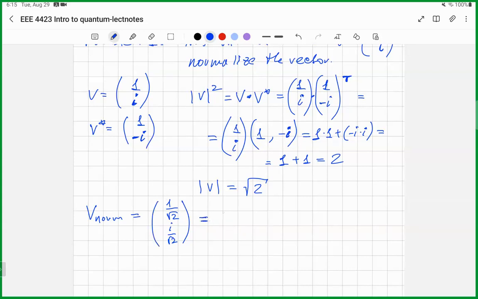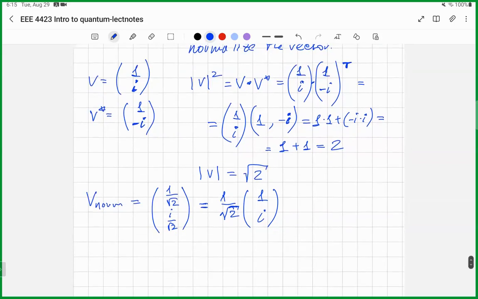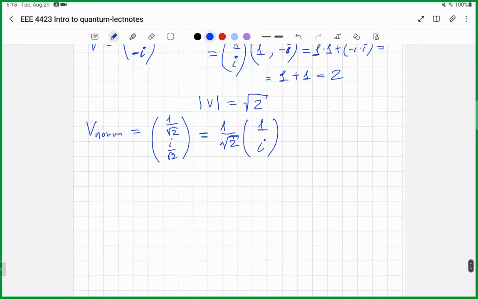And of course I can write this 1 over square root of 2 before the vector itself, 1, i. Yeah, so this vector is normalized. If you calculate the absolute value of this vector, you will get 1. This normalization is also very important for quantum theory. We will discuss it in what follows.